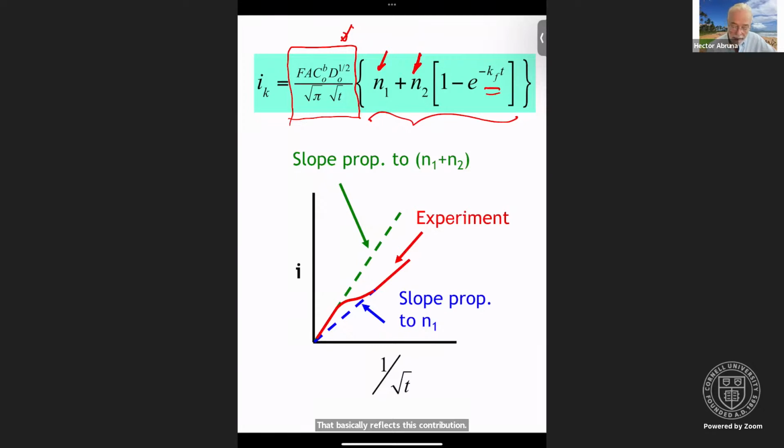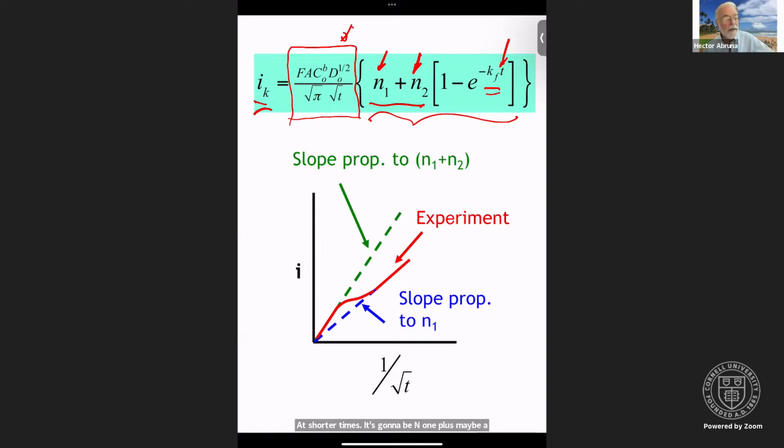And you can immediately see that at long times you have e to the minus big number, which is basically 0. So at long times, the current will be proportional to N1 plus N2. At shorter times, it's going to be N1 plus maybe a fraction of N2.